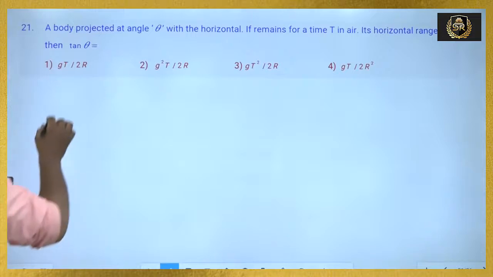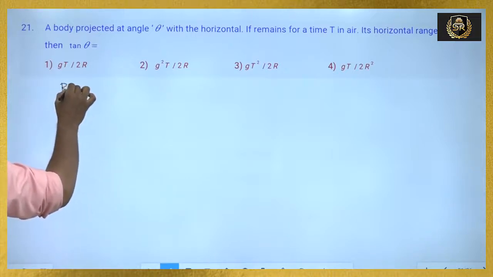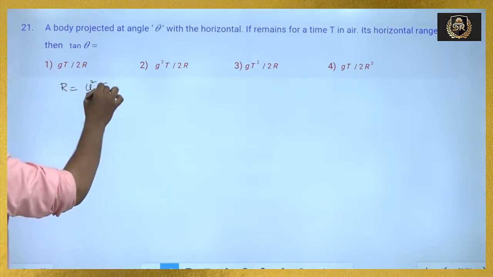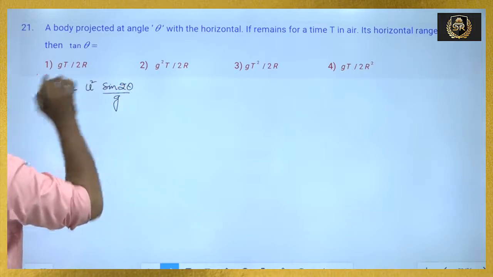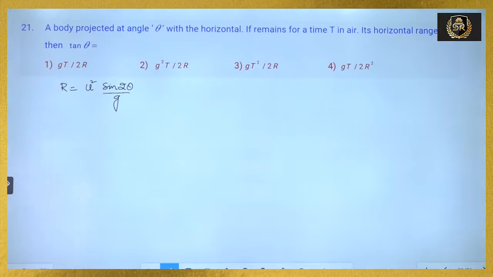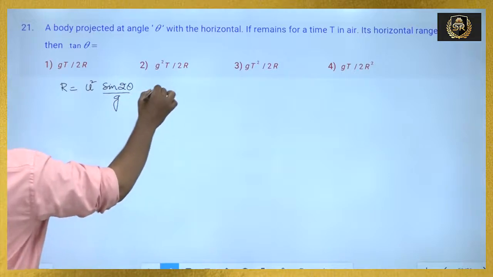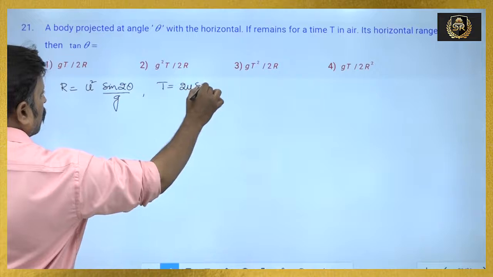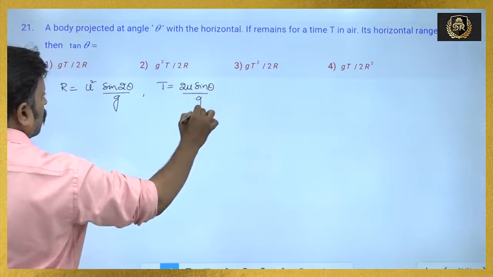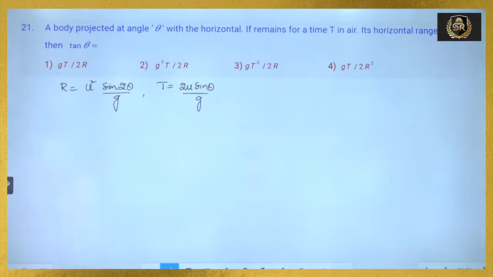See here, range formula: u square sin 2 theta by g is the formula for range. Time of flight t is equal to 2u sin theta by g.